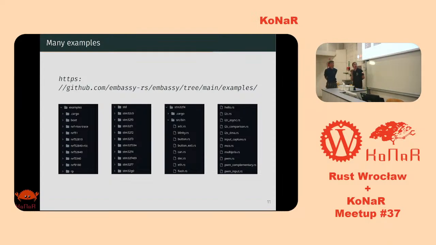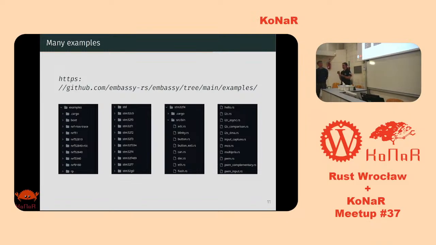So this is the official Embassy repository on GitHub. For me, it's a relief that something like that exists. You don't have to remember how to communicate via I2C or how to communicate via UART. Those parts are already written in those examples. You can just go to GitHub, grab some functions, paste them into your code, and then configure those functions to your needs.